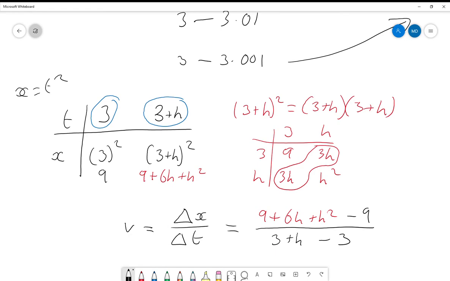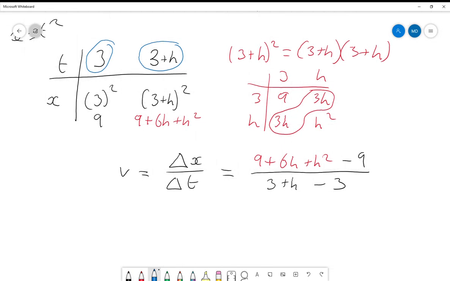And now hopefully, if you're reasonably good at algebra, you can see what's going to happen here. 9 take away 9, well, that is 0. So on top we're left with just 6h plus h squared. And 3 take away 3, that's also 0. And so on the denominator we're just left with h.